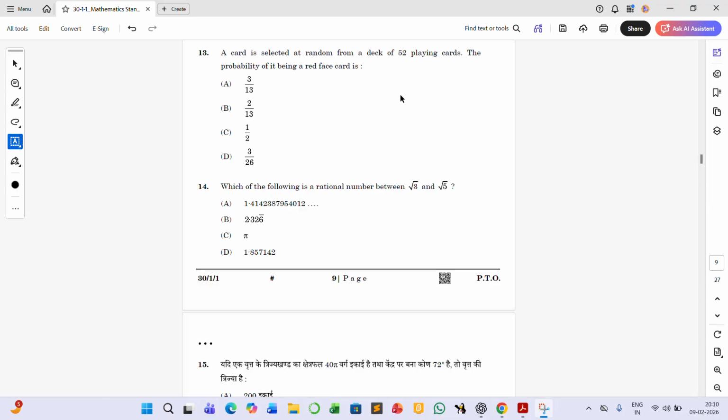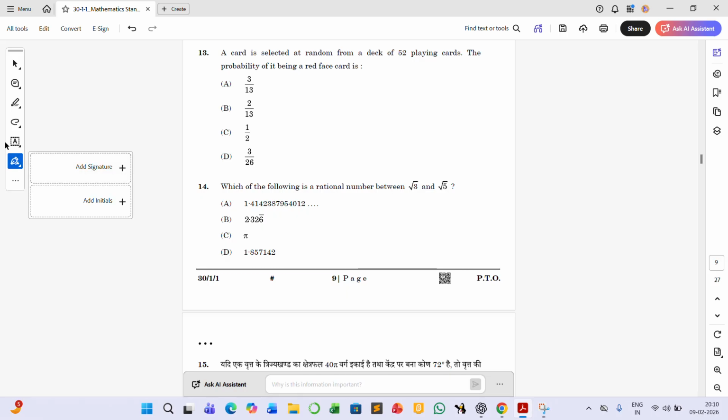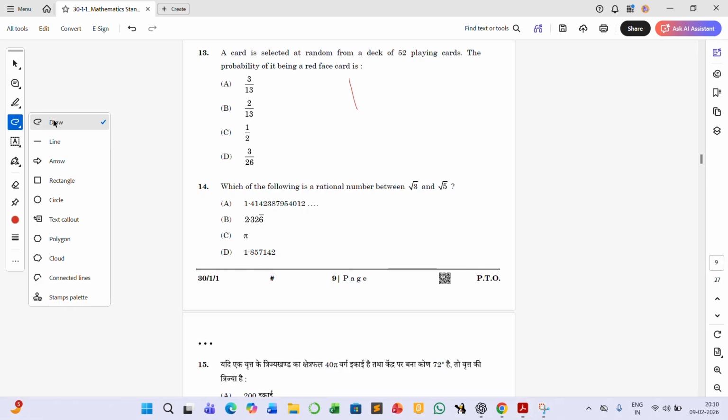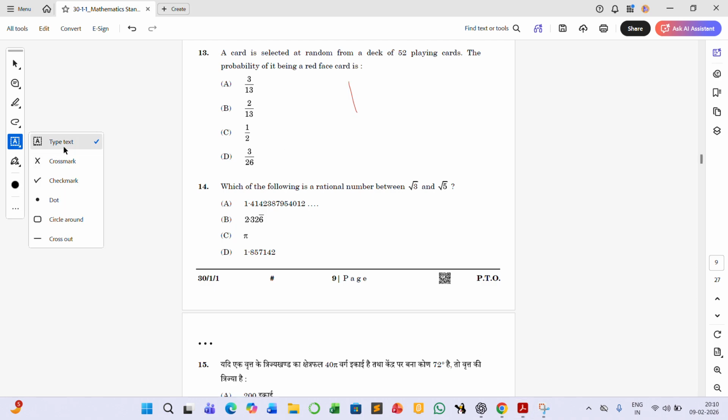Oh, it is asking for face cards. If you know that there are actually three face cards, king, queen, and one more, right?